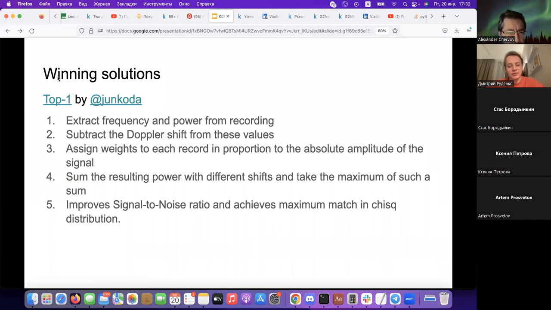Item 3 here says the final word is signal. Assign weights, blah blah blah, signal. But how does he define the signal? I bet he meant the difference in distribution there, because every signal has different frequency and amplitude of recording.